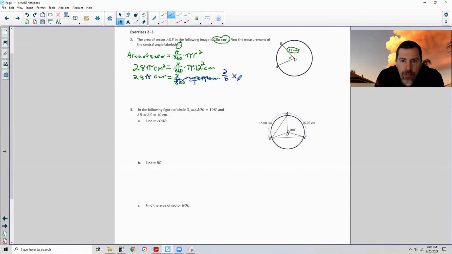So to solve for this, we just want to multiply by the reciprocal 5/2. 5's will cancel, 2's will cancel, and we get x to equal, and we multiply this side by 5/2. Well, 28 divided by 2 is 14. 14 times 5 is 70. So x equals 70 degrees.